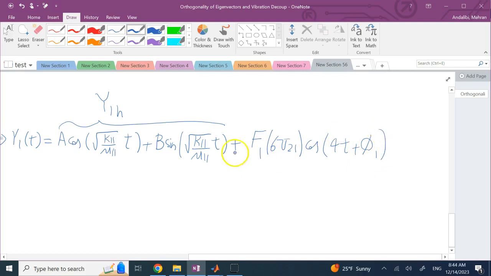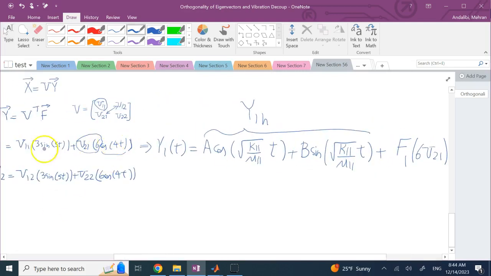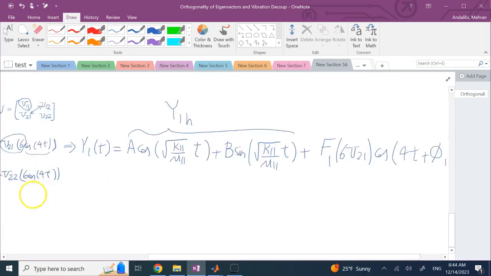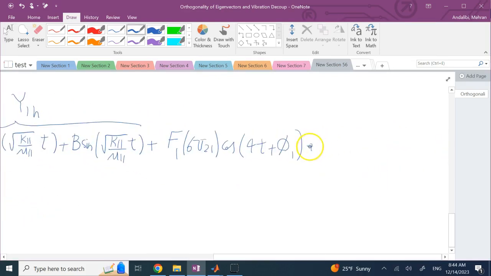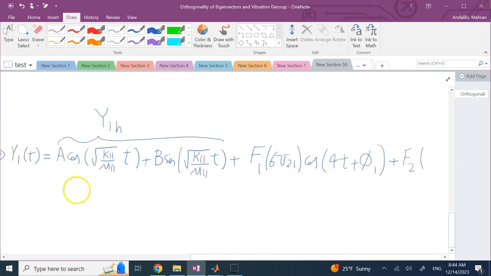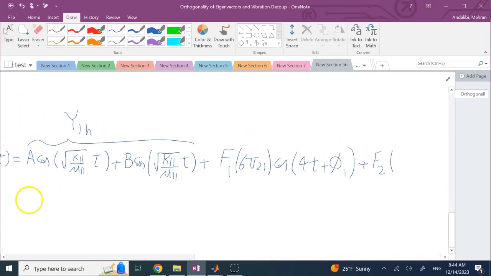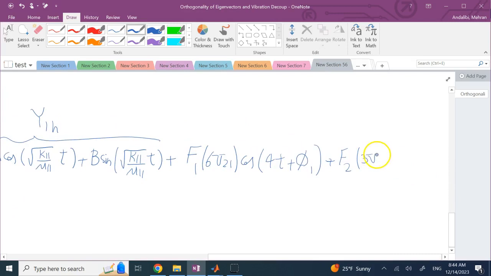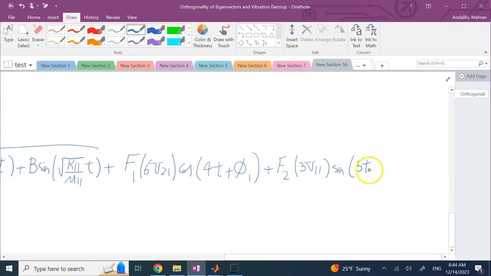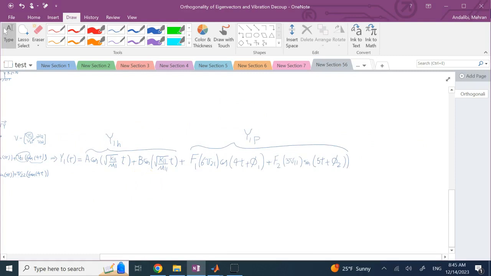This is the response for this cosine term, and you have something for the sine term, which is going to be similarly like F2 times 3 V11, and then sine of 5t plus phi 2. And so this is your y1 particular. You see that? Okay. Let me resize it for you a little bit.